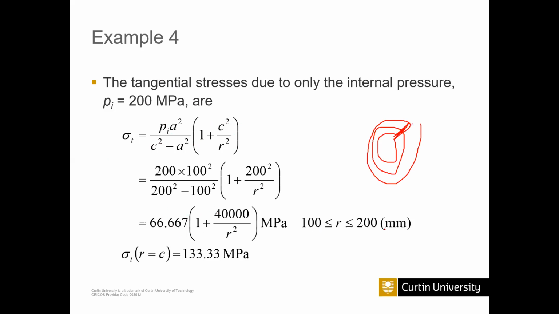You can see 100 to 200, because the internal pressure will be applied on those two cylinders regardless. Variation of the contact pressure we already calculated. Then at the outer surface of the outer cylinder, we already know the tangential stress with the calculation. Substituting in B, we can get the stress at this point, and the inner surface of the inner cylinder stress.